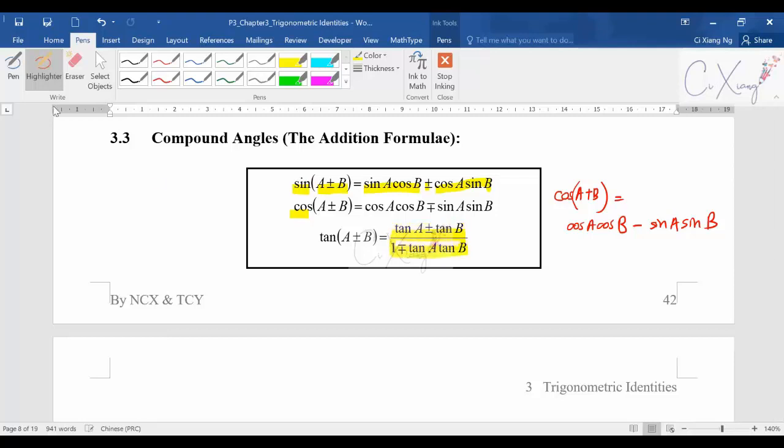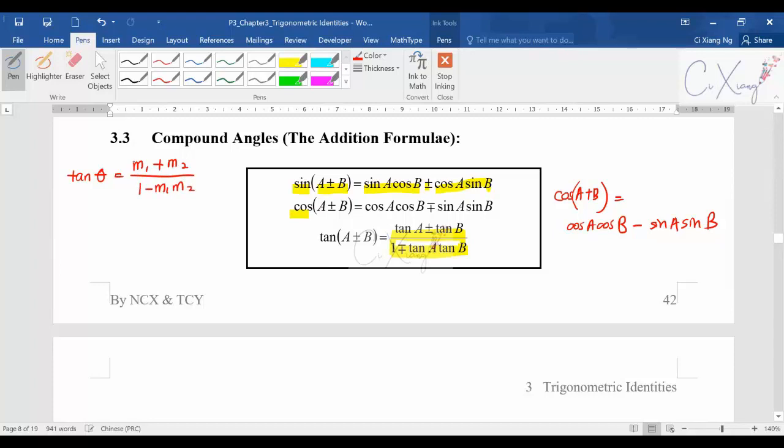When you expand it, it becomes tangent A plus minus tangent B, divided by 1 minus plus tangent A tangent B. Actually, we learned this identity before somewhere. Do you still remember tangent theta equals m1 plus m2 divided by 1 minus m1 m2?